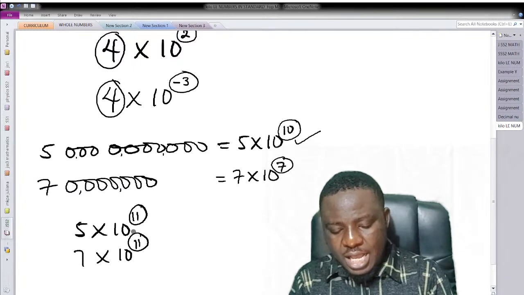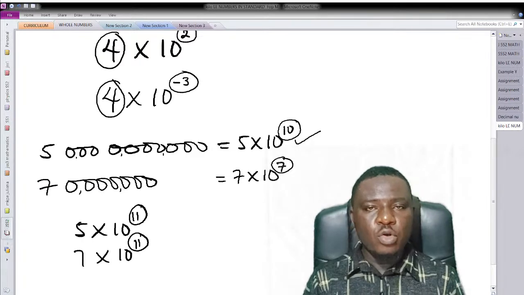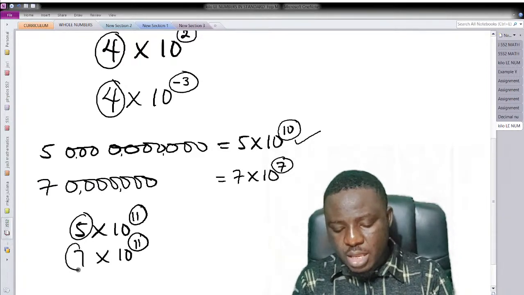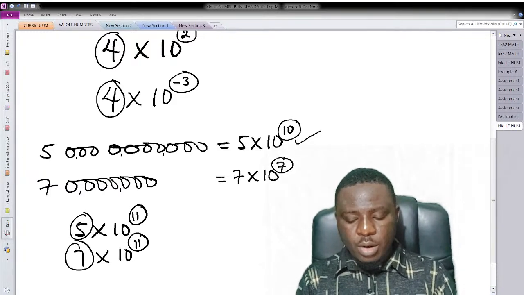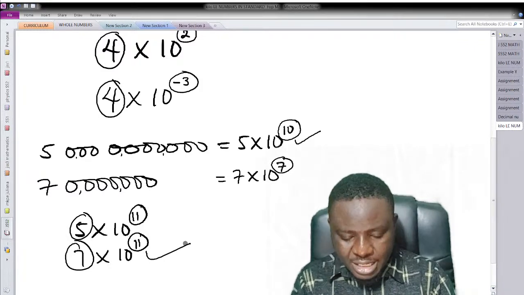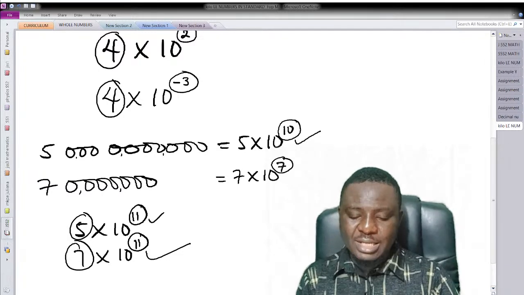Once their exponents or powers are equal, for you to know which is greater than the other, look for the value of A, which is the whole number. You discover that 7 is greater than 5. Automatically, this is of greater value than this.